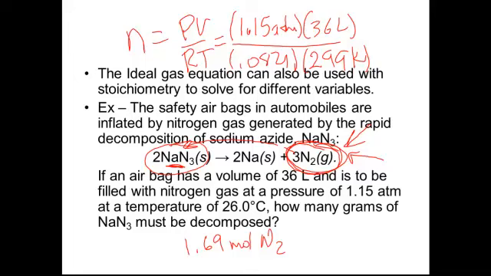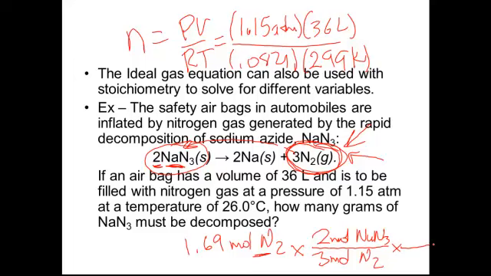So now we're going to switch gears and go from gases back to stoichiometry. From my balanced equation, 3 moles of nitrogen are produced from 2 moles of NaN3, because of that 2 right there.